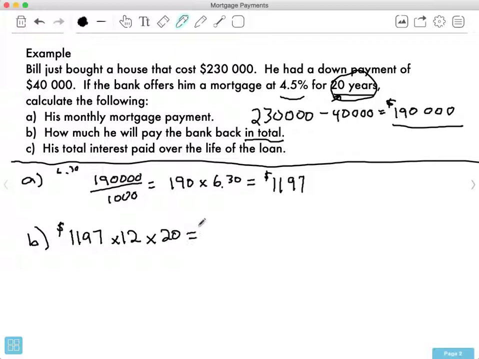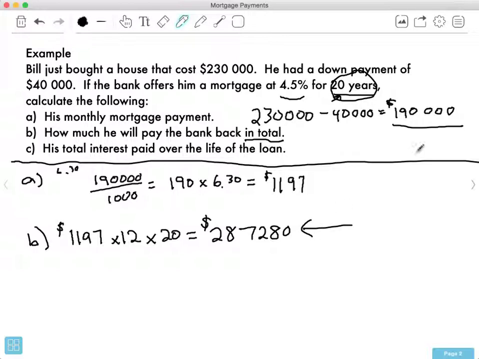You can just multiply those all together in one big line, and I'm doing that off screen, and I get $287,280. This is what he pays the bank back in total.